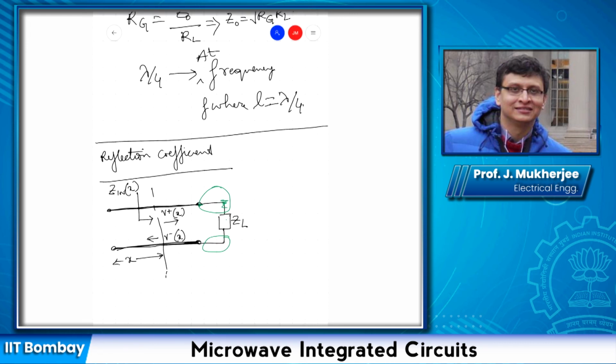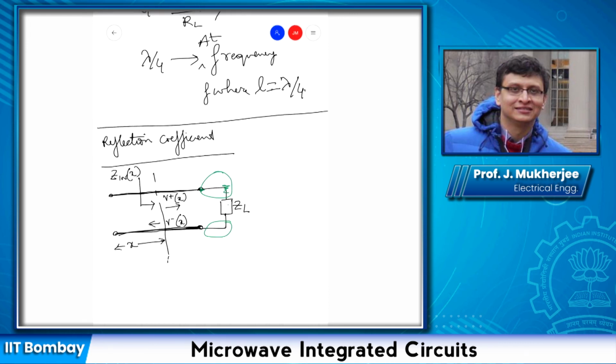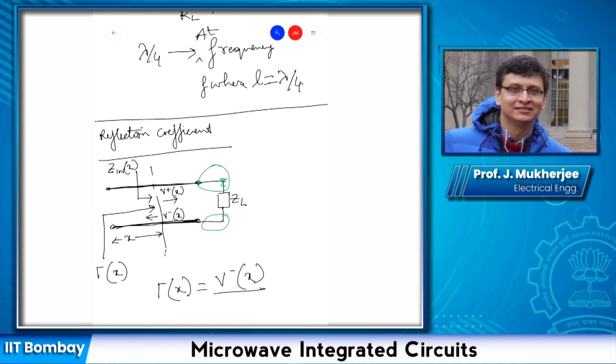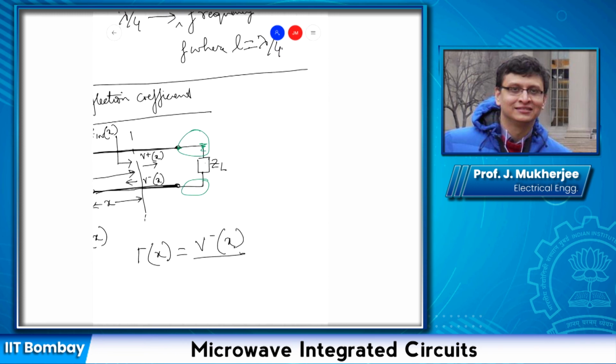Okay, so now the reflection coefficient at this point is usually represented by capital gamma, and capital gamma of x is given by the amplitude of the wave traveling in the negative x direction upon the amplitude of the wave traveling in the positive x direction.